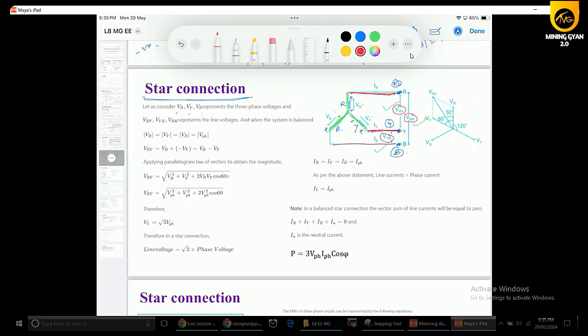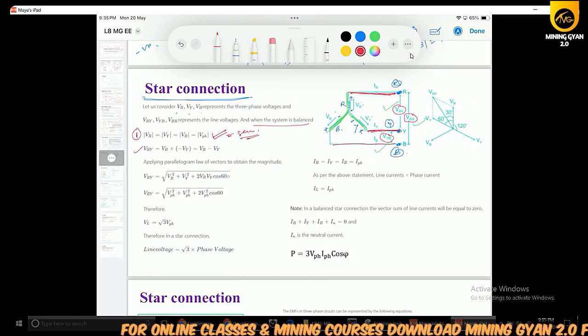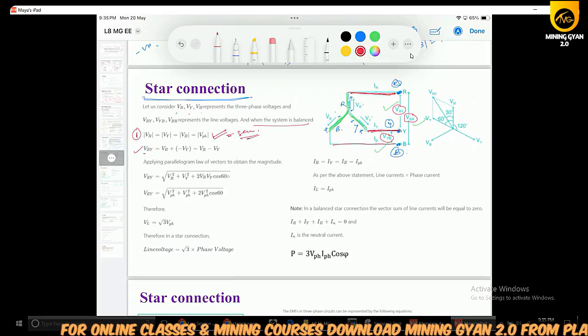Then what is the condition? For a balanced system, the first condition is that the magnitudes of the phase voltages should be equal to mod of V phase, means their value should be same. And how to calculate the line voltage? For example, let us take VRY.